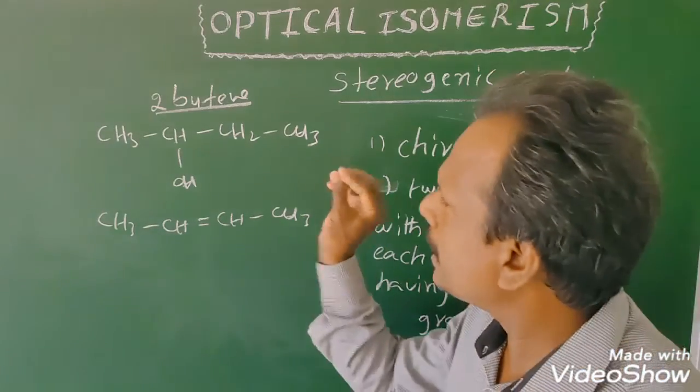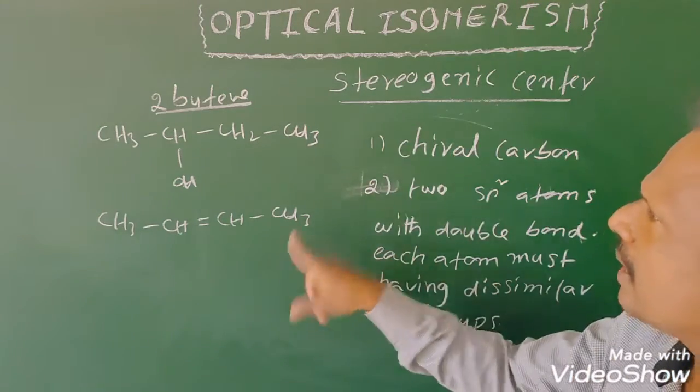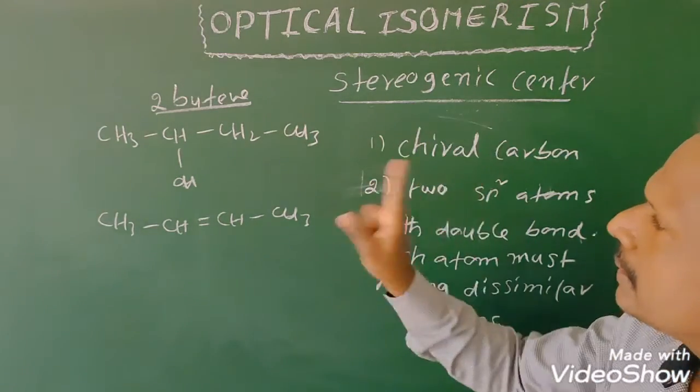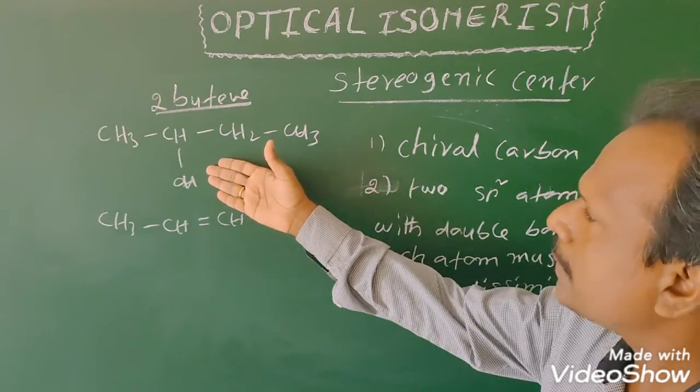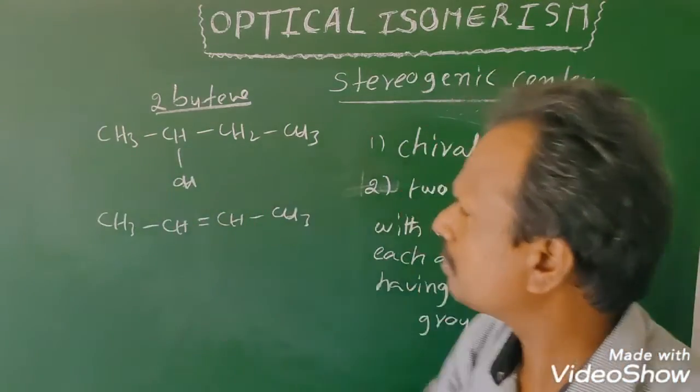That means if any compound or structural formula has a stereogenic center, and it has a chiral carbon, that compound exhibits stereoisomerism known as optical isomerism.